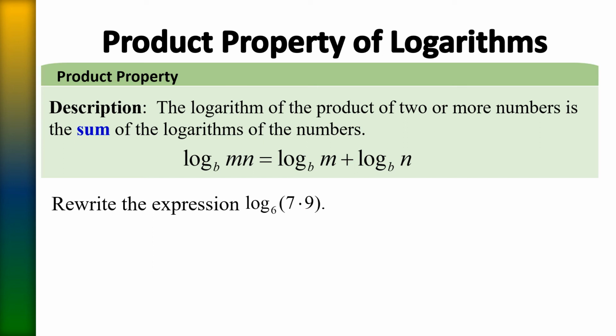So we have a sum of the logarithms. So the product property of logarithms, again, says the logarithm of the product of two or more numbers turns out to be equivalent to the sum of the logarithms of those numbers. And there you have it, the product property of logarithms.